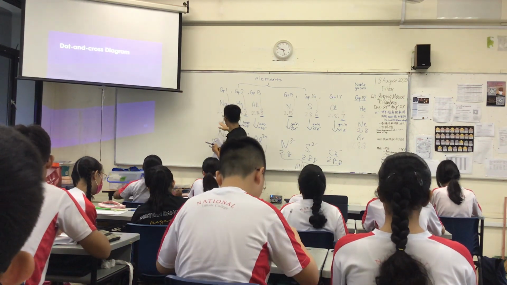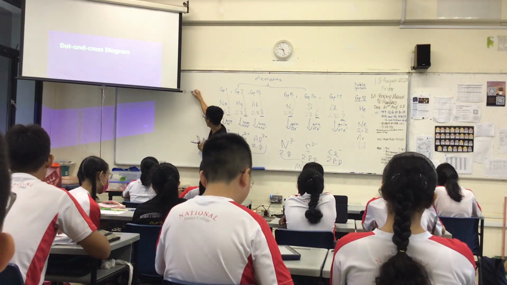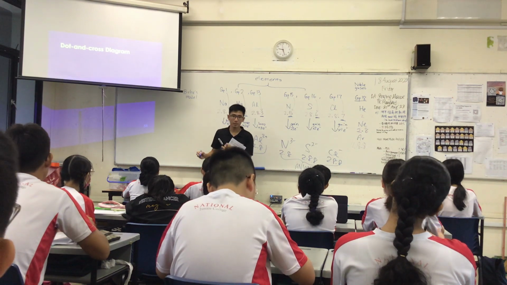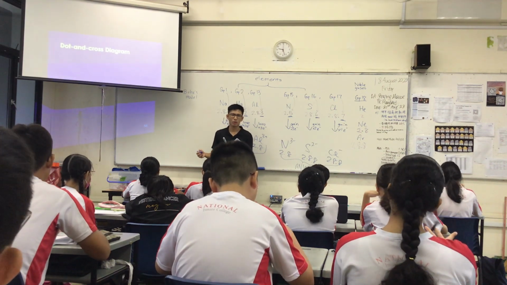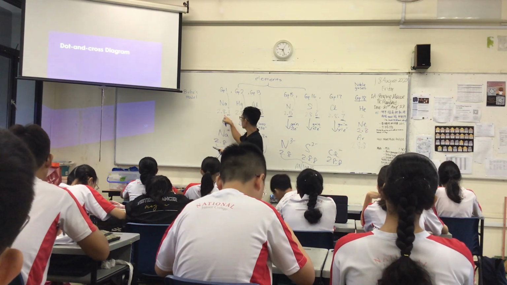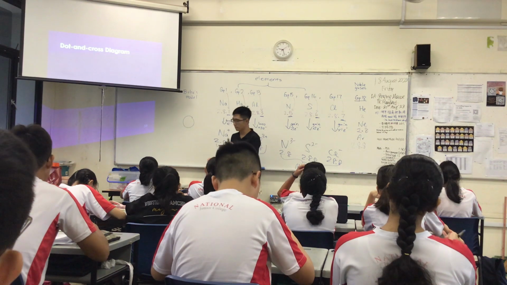For example, let's look at sodium. If I want to ask you to draw Bohr's model for sodium, can you draw? It's quite tedious, right? This is what you will do first. So sodium has 2, 8, 1. Can you tell me what is inside the nucleus for sodium?